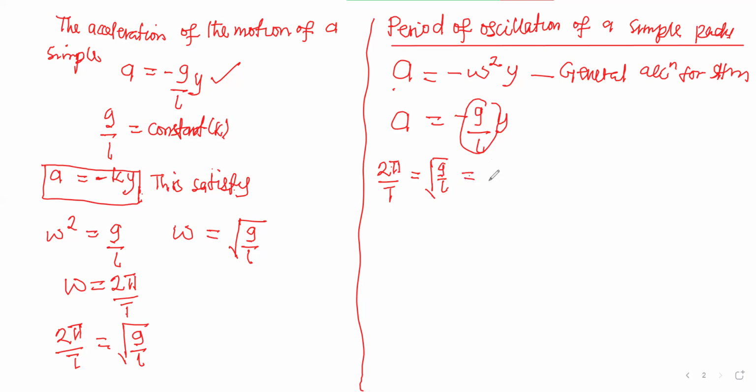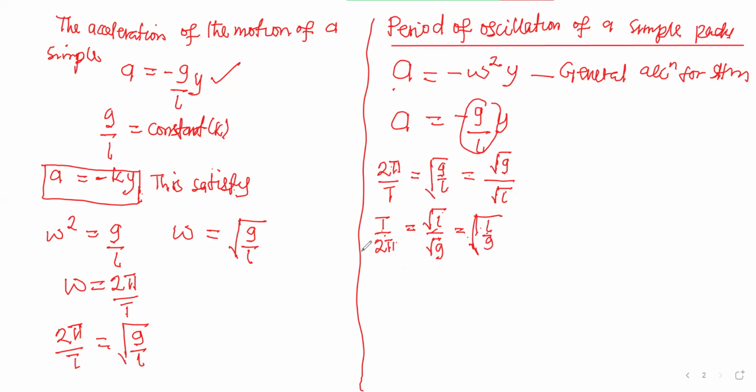But note that the right-hand side is also equal to root of g over root of L. So when I reciprocate the left-hand side, I'll have T over 2 pi. And so in maths, I must do the same thing to the right-hand side, and I'll have root of L over root of g, which is also equal to square root of L over g.